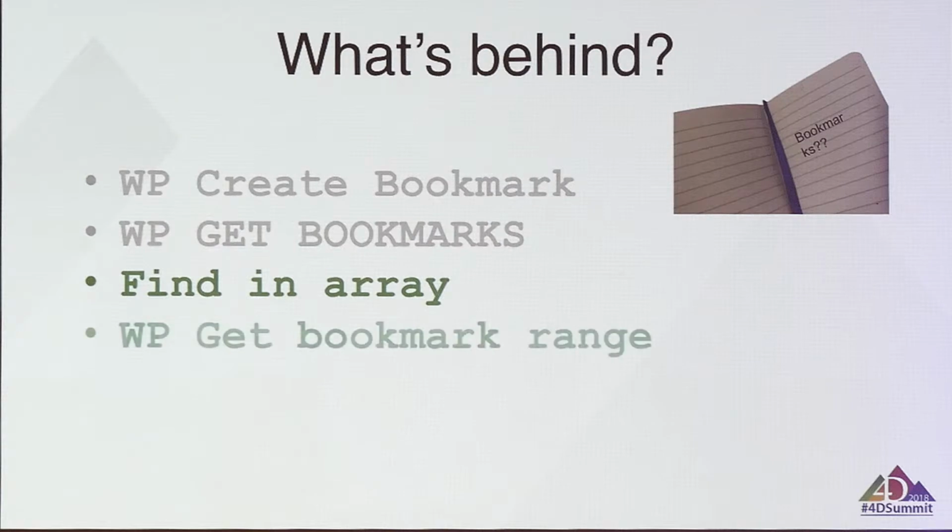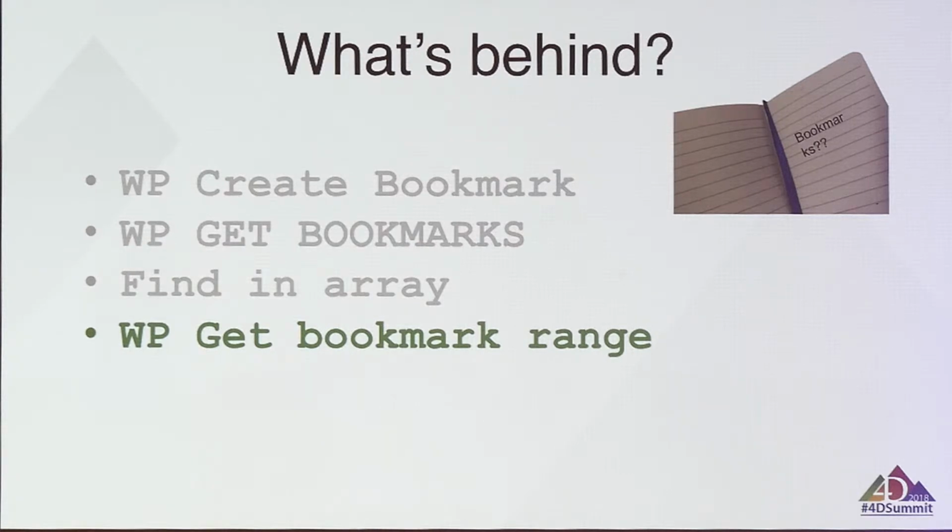If we have the bookmark found with Find in array, we use WP Get bookmark range to get back the range of the bookmark. So the text we previously highlighted, we now get it to do further work with it.